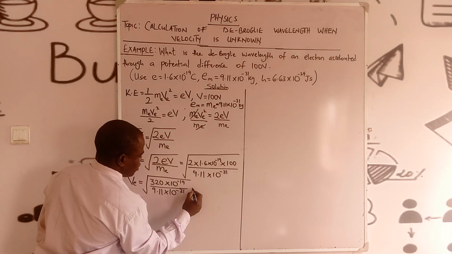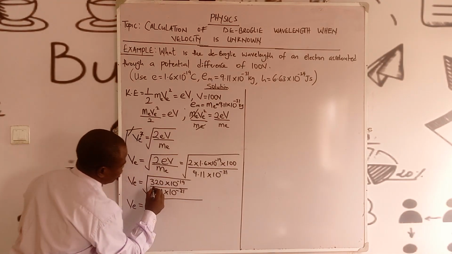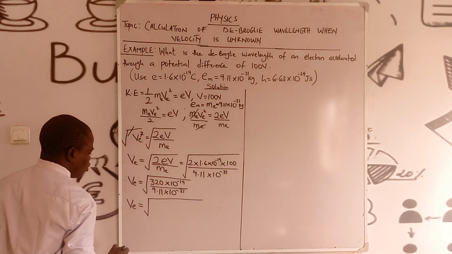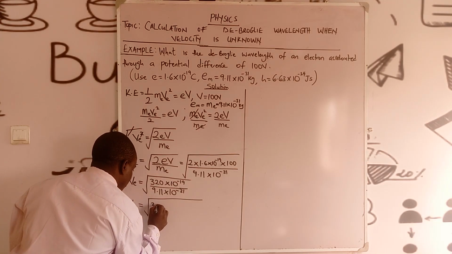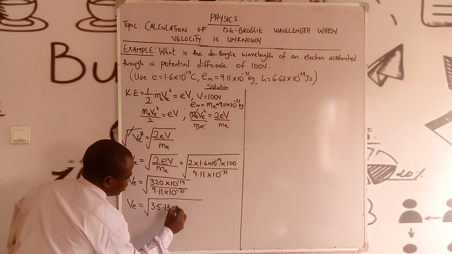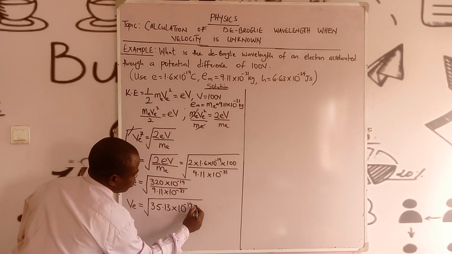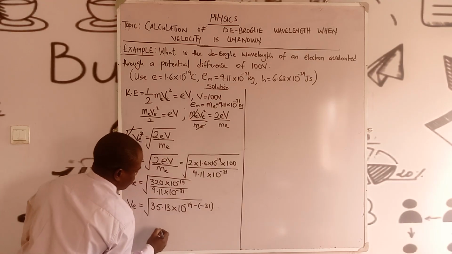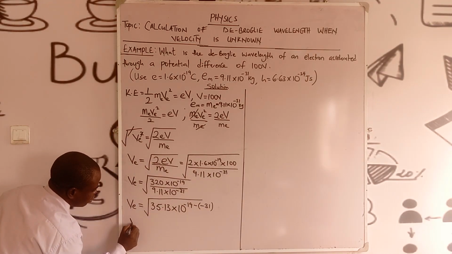Now the velocity of the electron equals 320 divided by 9.11. When you press your calculator, you have 35.13 times 10 to the power minus 19, and this division is negative, minus 31, standing for negative in indices.